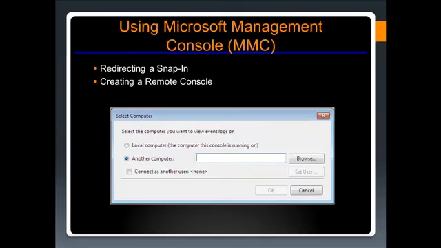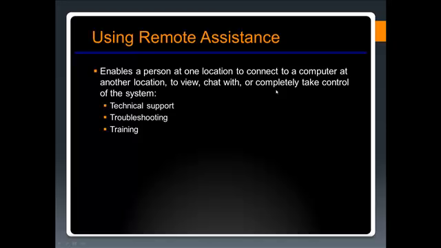Back to our slides. The next thing that Microsoft makes available to us is remote assistance. Remote assistance is distinguished from remote desktop in the interaction you have with the user. With remote assistance, your client is able to issue an invitation.